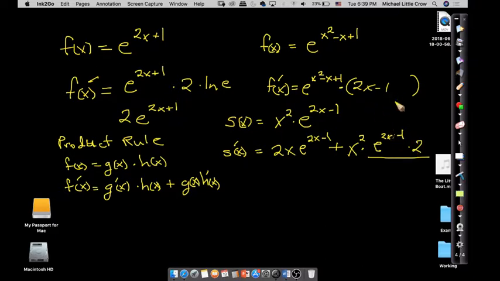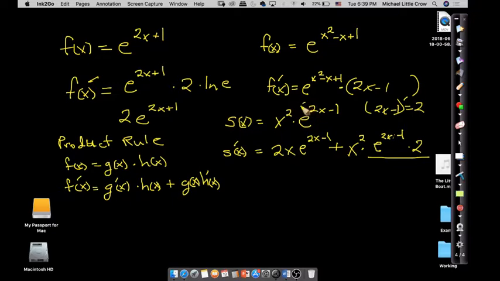The exponent is 2x minus 1, and if you take the derivative of that, you get 2. So that's why I have to multiply it by 2. That's not part of the s of x. It is. E to the 2x minus 1.